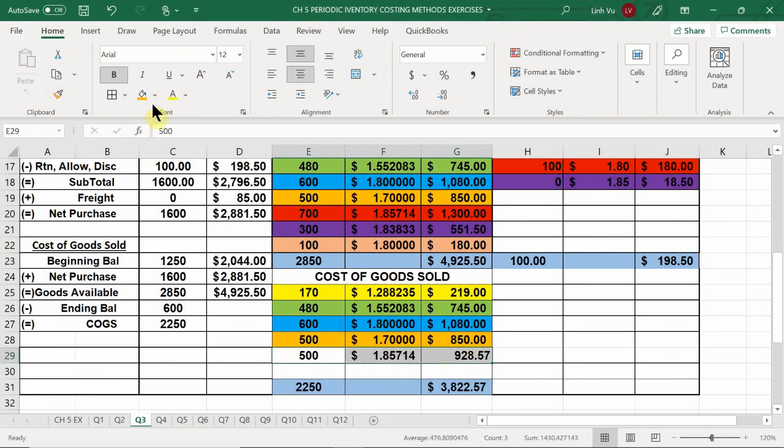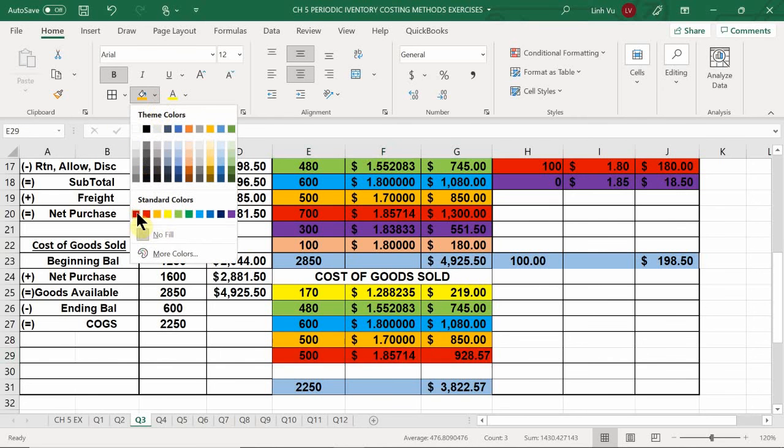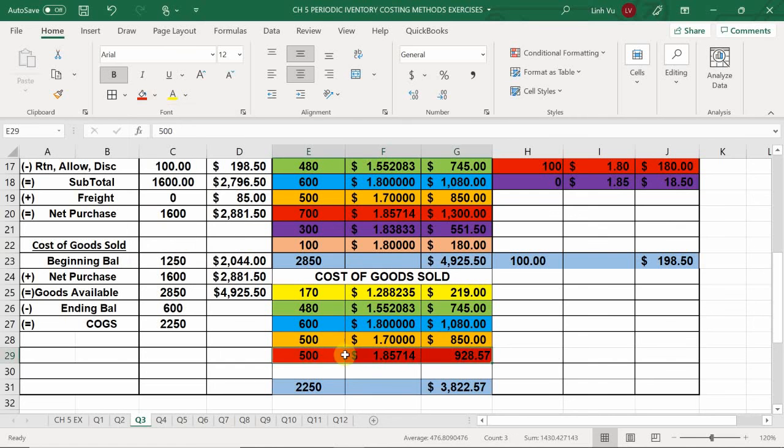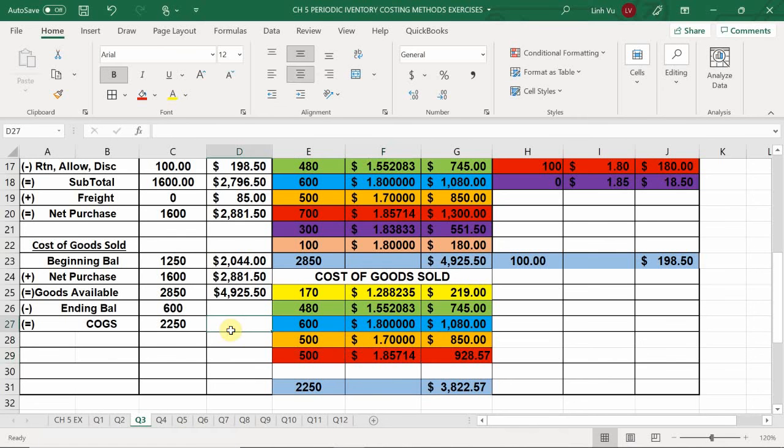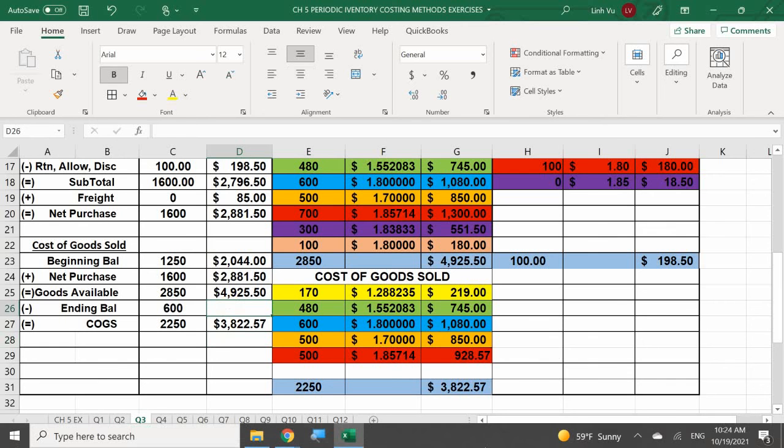Okay, good. And this one came from my red batch of inventory, okay? So then now I have a grand total of $3,822.57 that I have sold, okay? That's how much I sold. So therefore, what should be my ending balance in my inventory?